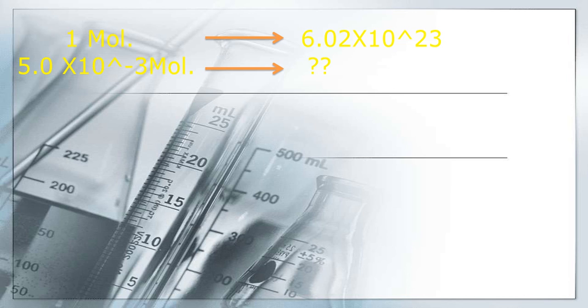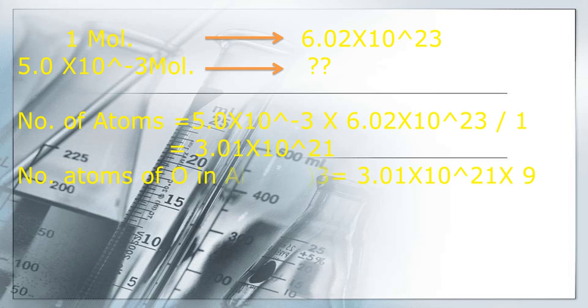We have the number of moles, 5 times 10 power negative 3 mole. What we want is the number of molecules. By cross multiplication, 5 times 10 power negative 3 times 6.02 times 10 power 23, divided by 1. The result will be 3.01 times 10 power 21.